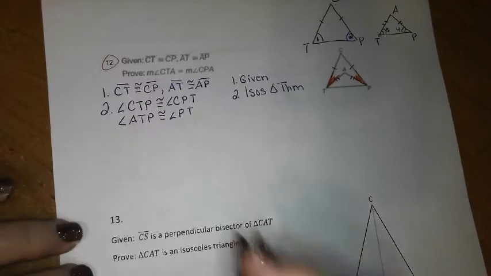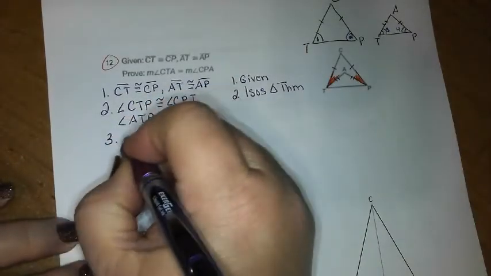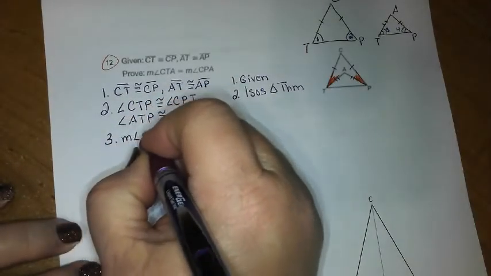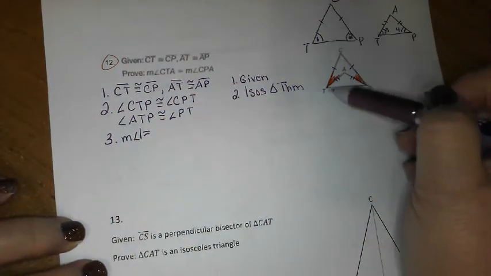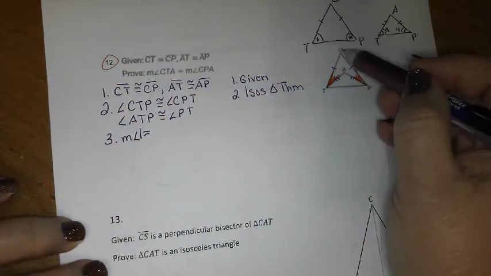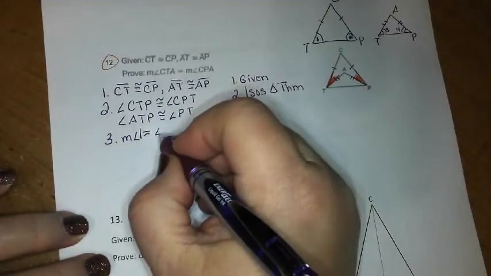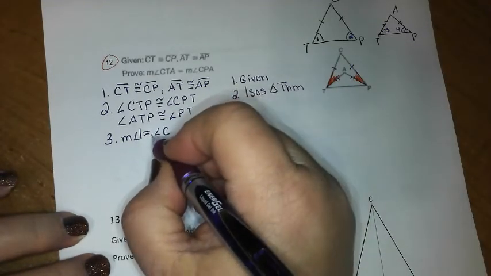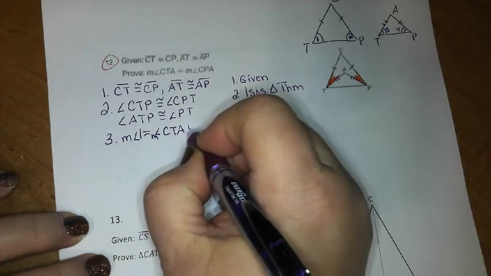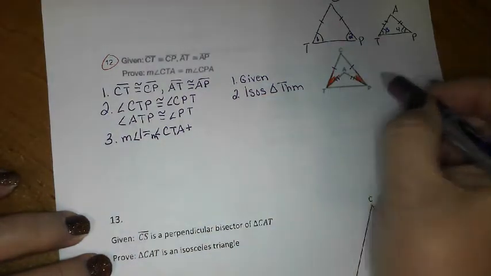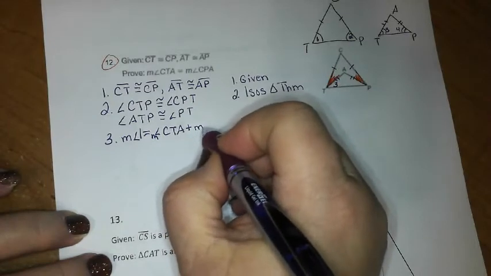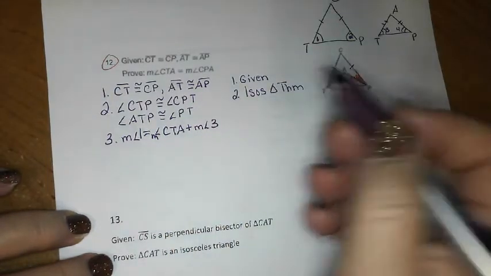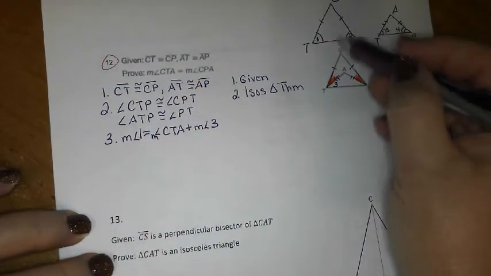All right, so I'm going to say that the measure of angle 1 equals, so that's angle CTP, this whole thing, equals the measure of angle CTA plus ATP, which I've now numbered as angle 3. And the same thing on the other side.